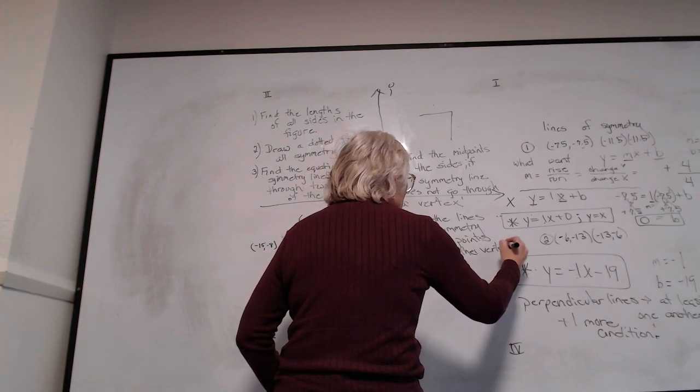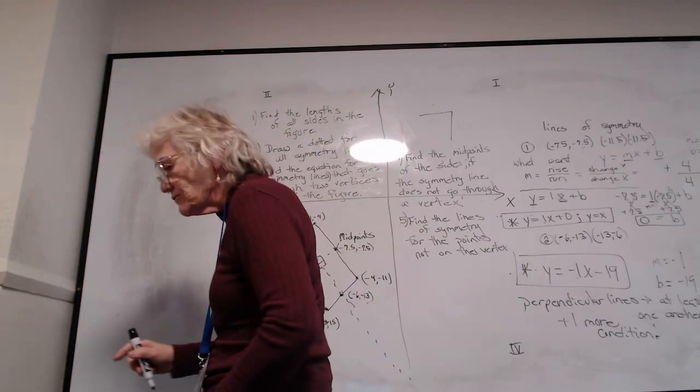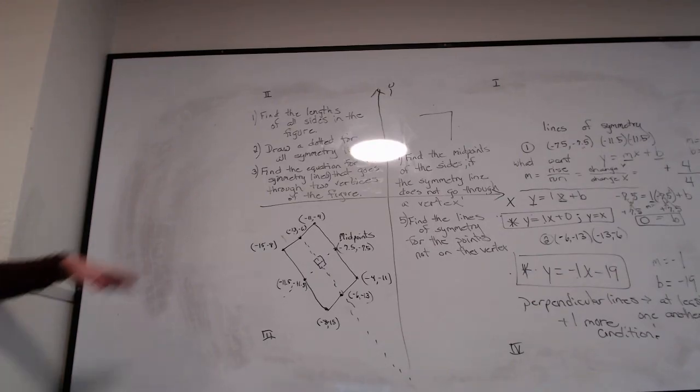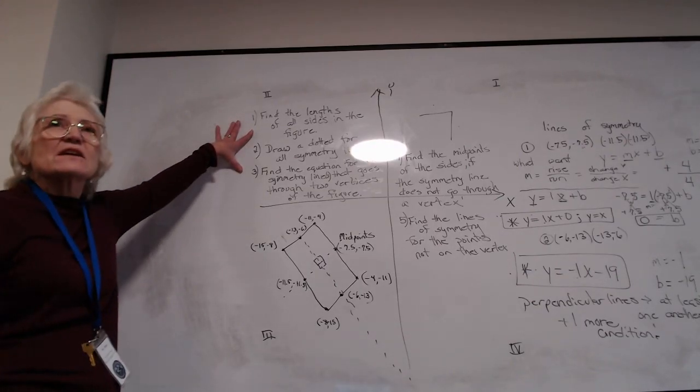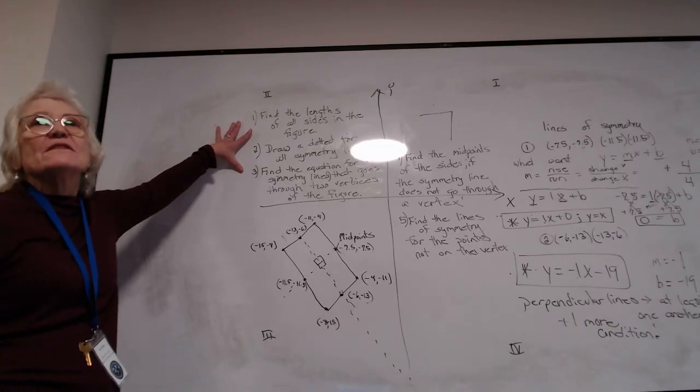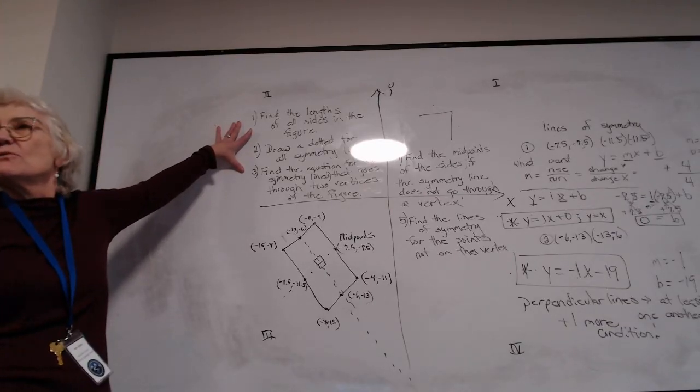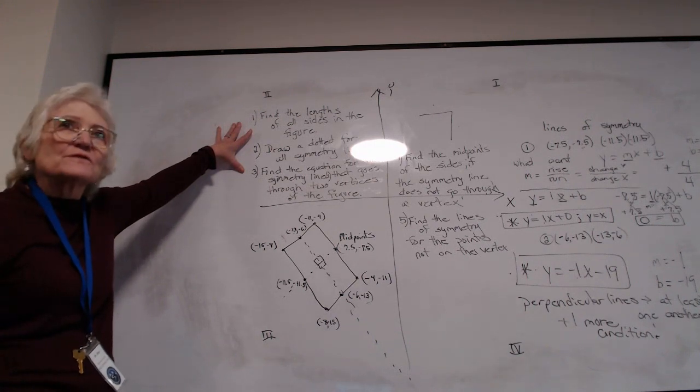Okay, I'm going to give you a hint. In quadrant 2, yesterday we did a kite. It went through the vertices of the figure. The line of symmetry went through those vertices.